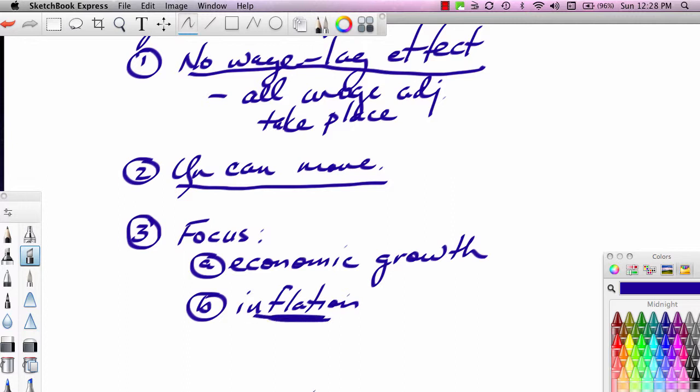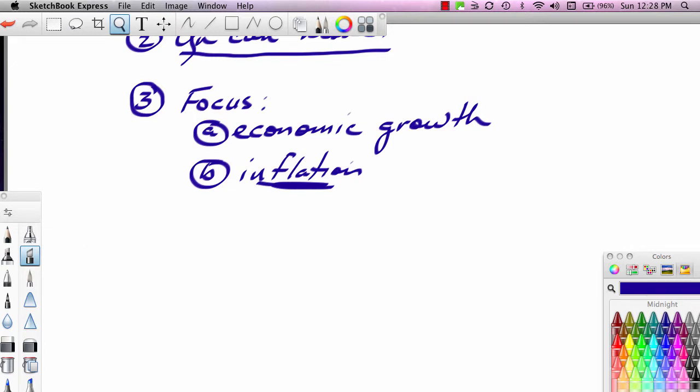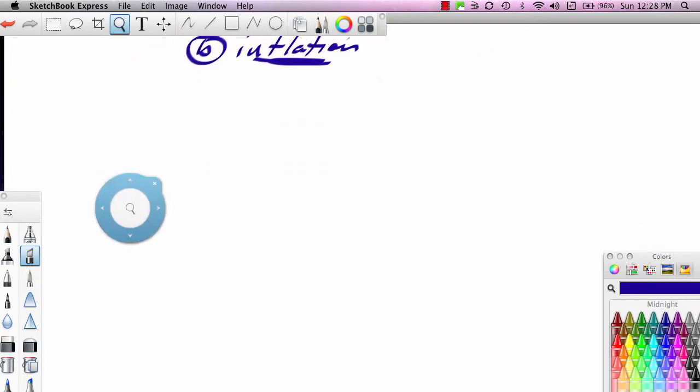Okay? Well, let's go ahead then, and I want to move down a little bit further and show how we use this long-run aggregate supply curve to illustrate economic growth. So let's go ahead and do that. And we'll set up very quickly here a model.